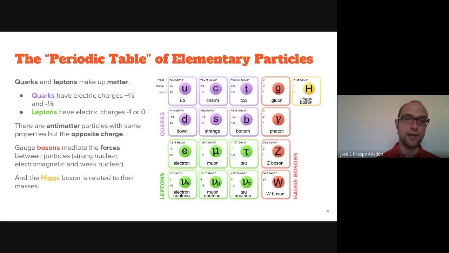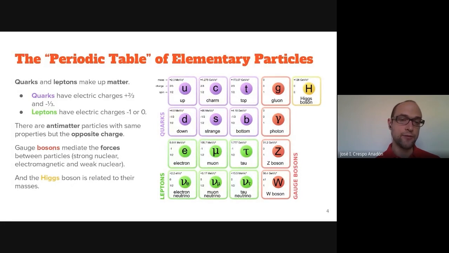So now the actual periodic table that we have nowadays is this one. This is what we call the standard model, and we have matter, which is composed of quarks and leptons. And quarks are weird particles because they have fractional electric charges. They have either 2/3 or -1/3 of the charge of the proton.